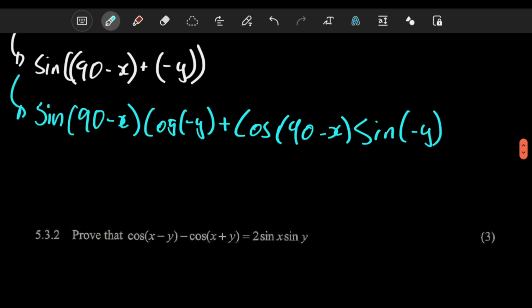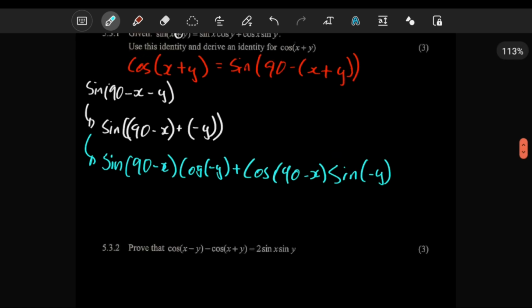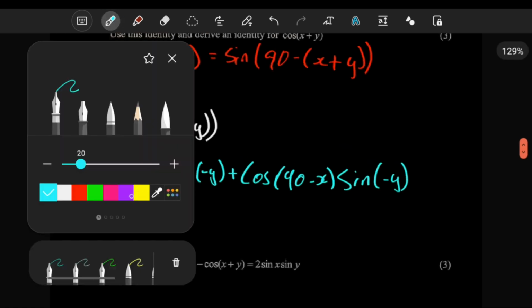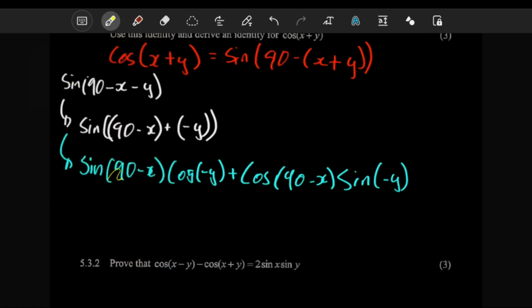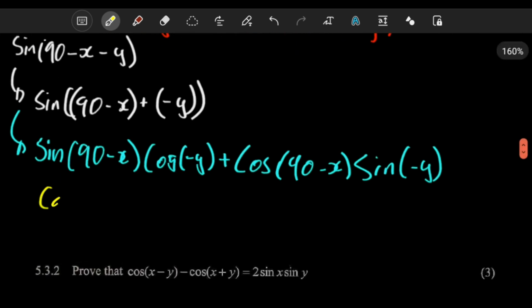Great. So obviously here you can just do your gymnastics and use your reduction formula. Cos of 90 minus x is the same as sine x, and cos of negative y is the same as cos y, because remember, anything negative for cos is the same as a plus.